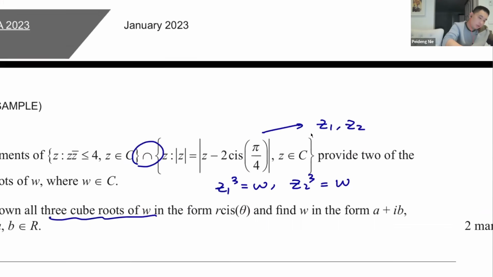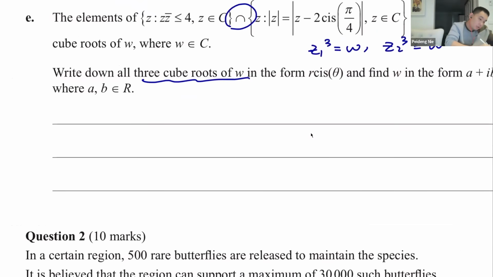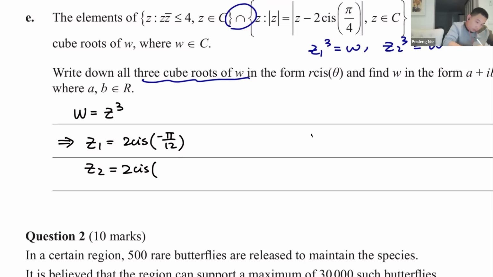So going back to this part, the first cube root z1 is 2 cis minus pi over 12. z2 is going to be 2 cis 7 pi over 12. The 3rd is actually 2 cis, instead of adding 2 pi over 3, I'm subtracting 2 pi over 3 from minus pi over 12.